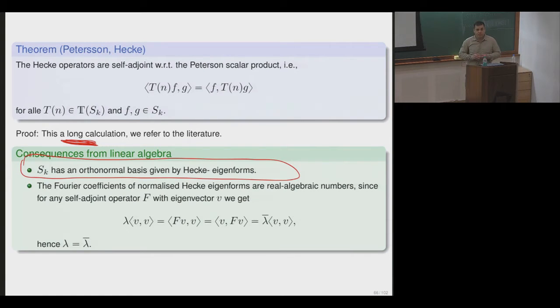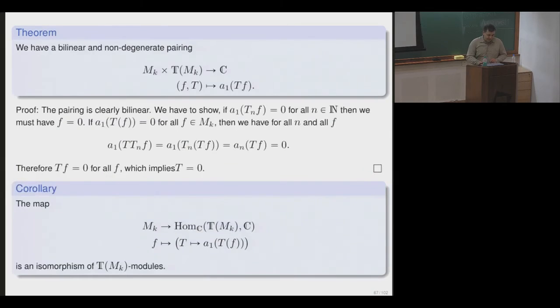And so this gives you a nice supply for these totally real number fields. Okay, so you have this very important result that we have this orthonormal basis of modular forms given by Hecke eigenforms.